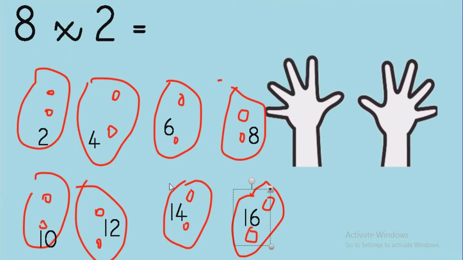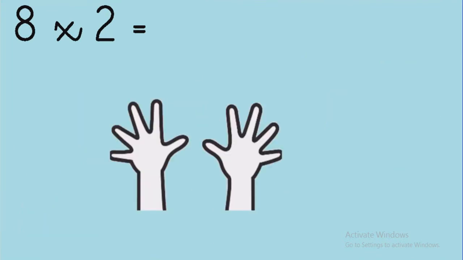Now, drawing the groups and putting dots in our groups is a really good method, but it's also a really long method. So let's practice doing it on our fingers instead. Let's see if we can do it a bit quicker. So we're going to count in 2s 8 times using our fingers.